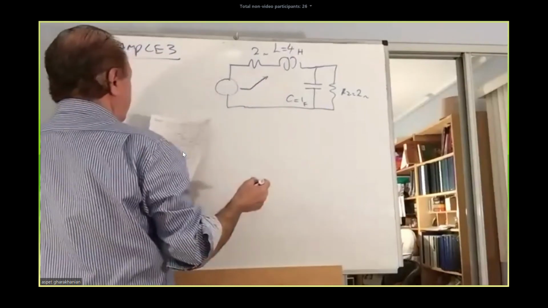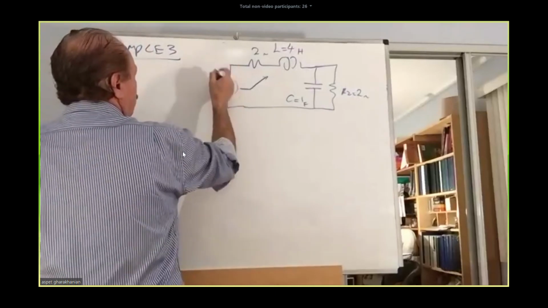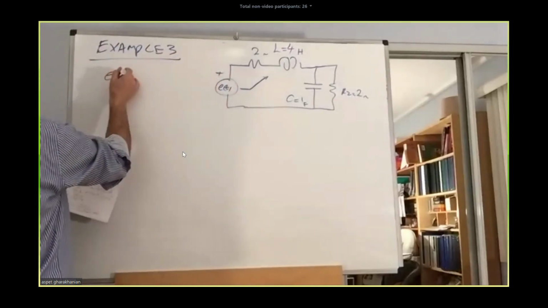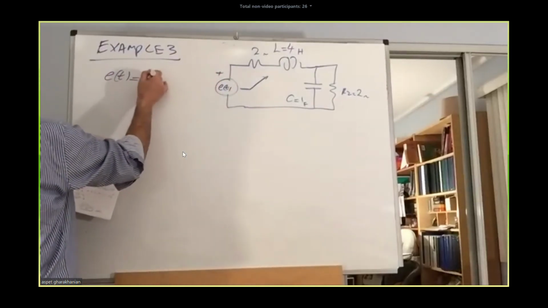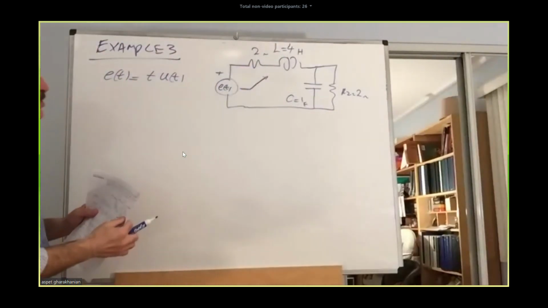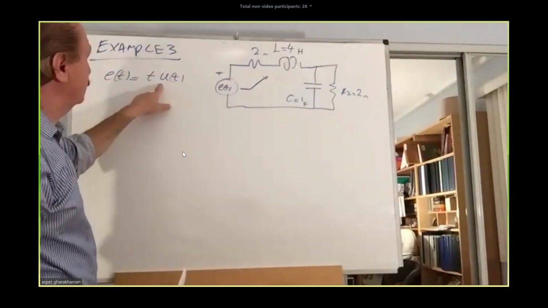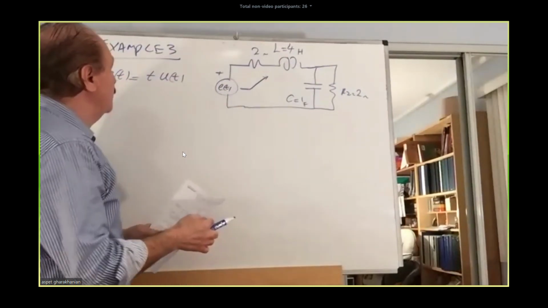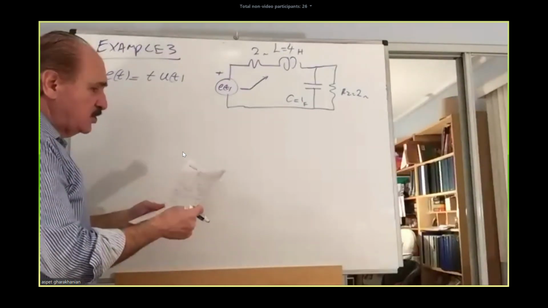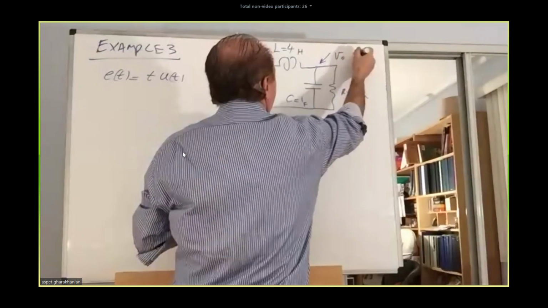This is a ramp input. We can say E of t is t u(t), so it's a unit ramp. It means it is rising 1 volt per second. Slope is 1 volt per second. We want to determine the output voltage here, Vo of t.